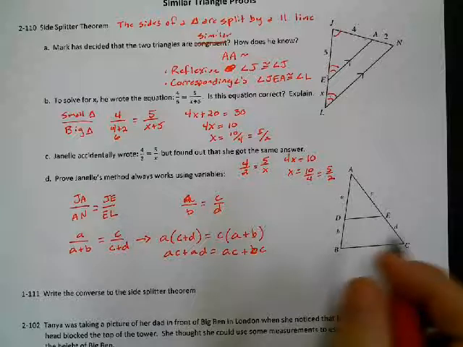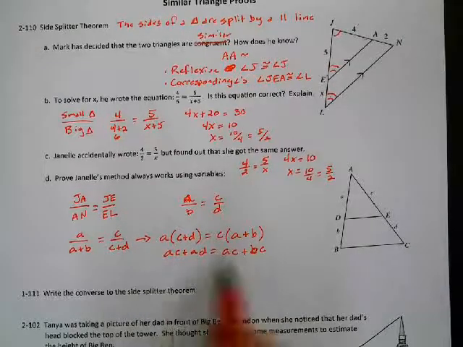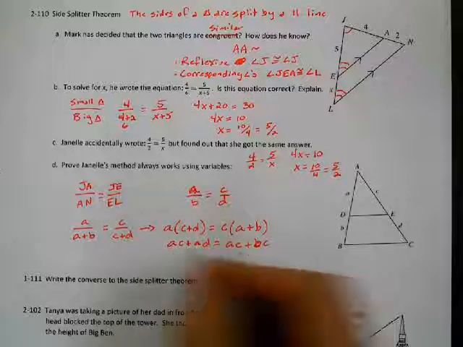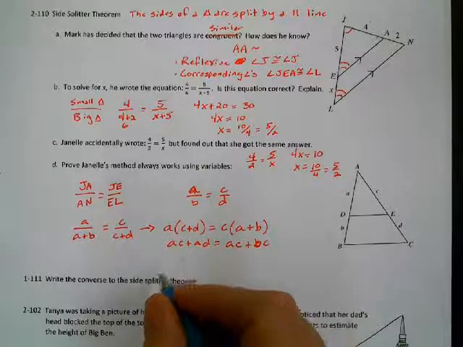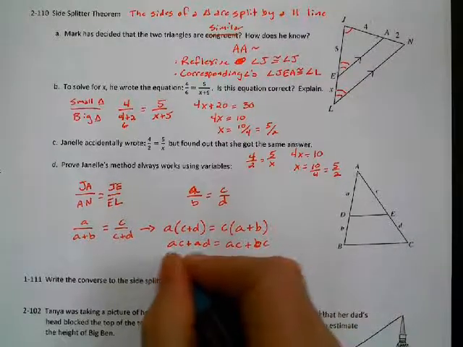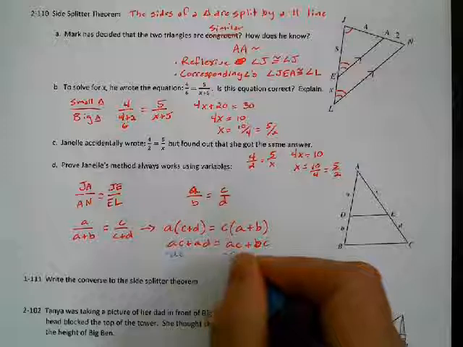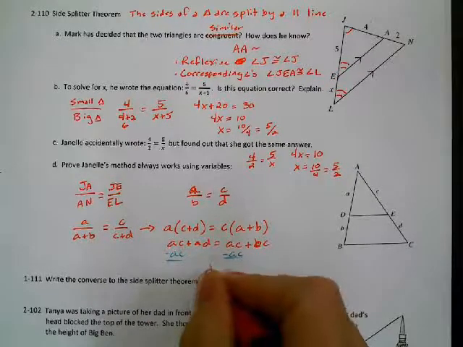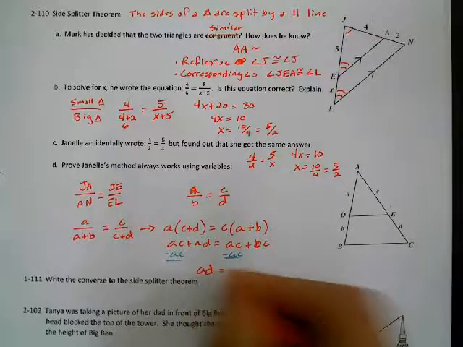All right, do you notice on both sides of the equation we have the same exact pair here, AC here and AC here. So we're going to subtract AC from both sides. And what am I left with? I'm left with AD equals BC.